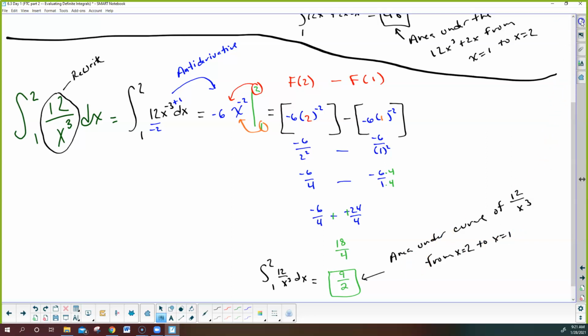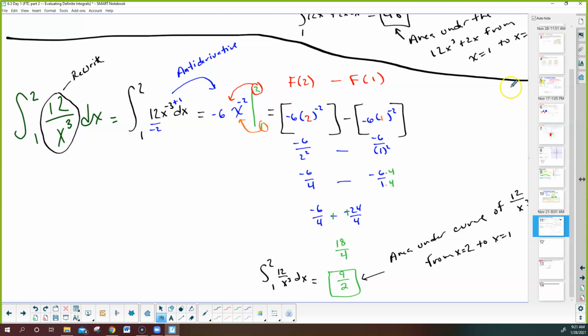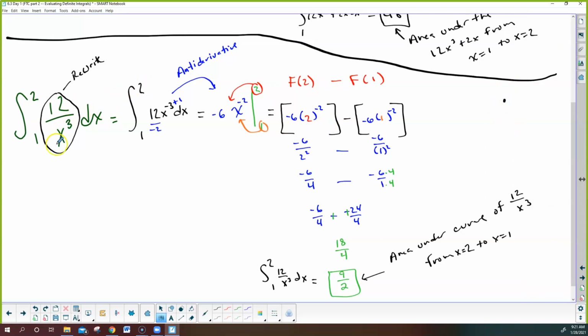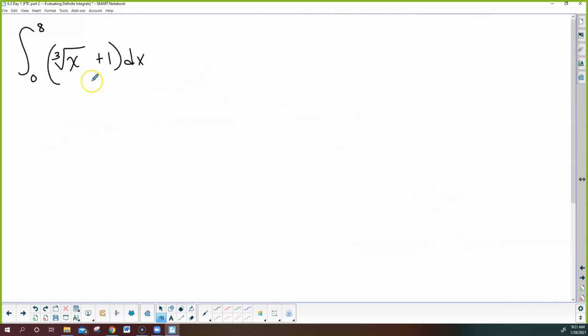Okay, we've done some of this already, a little bit, but not a lot, and we never made the true connection as to why we do the antiderivative, and that's what today was all about. So, I thought we were going to have time for this one. I'll save this one for next week.